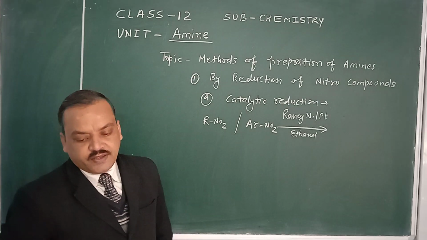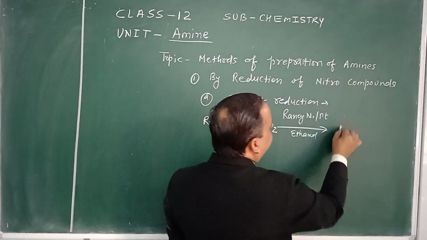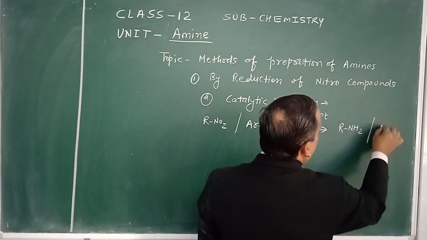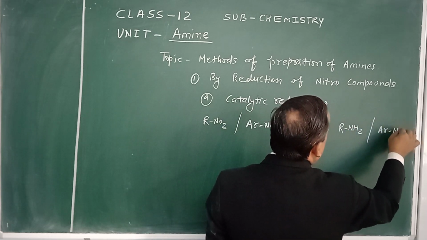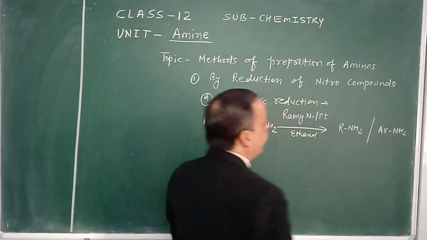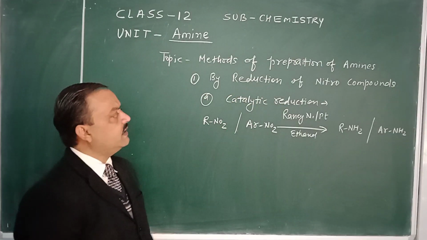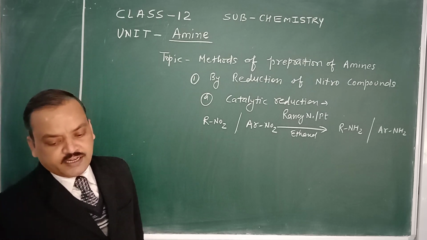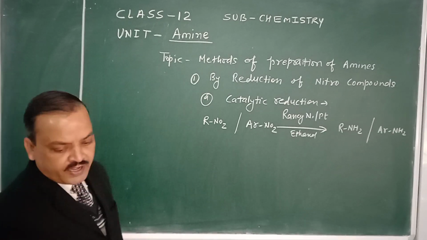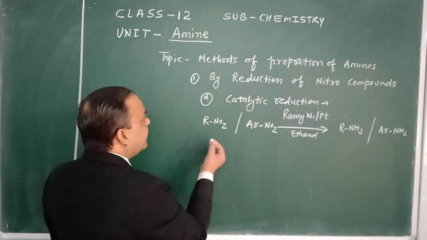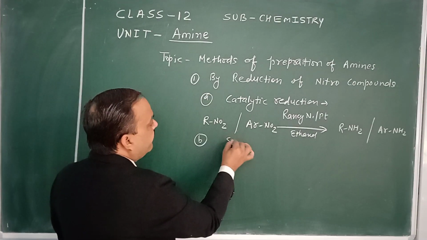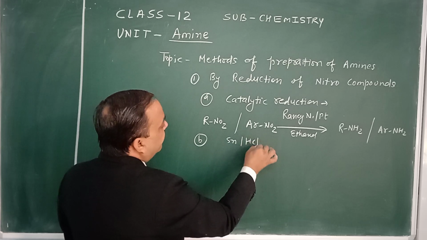In this case, we get the amine, aliphatic amine or aromatic amine. So this is the first method we will use. We have another condition when we reduce the nitro compound in the presence of Sn and HCl.